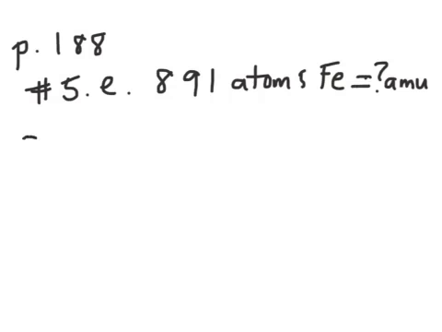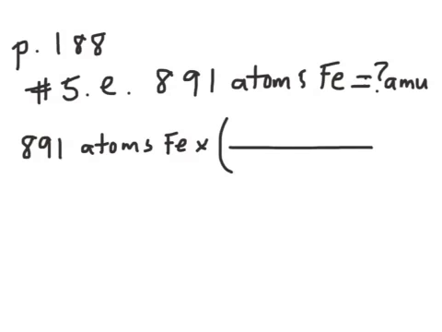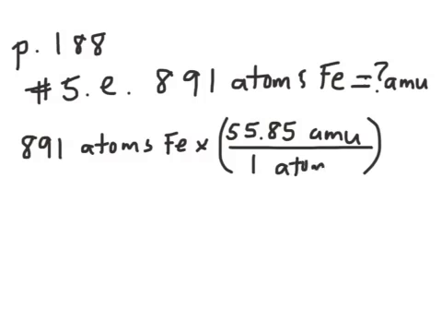So you start by writing down the information given in the problem. And you look up iron in that list, and its atomic mass, you see, is 55.85 AMU for every one atom of iron.